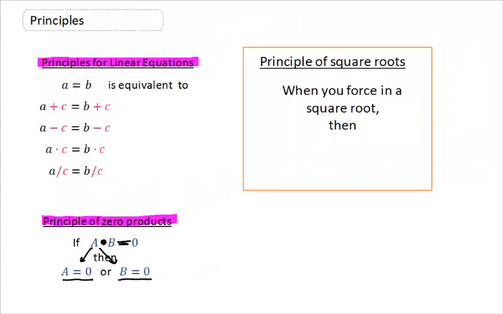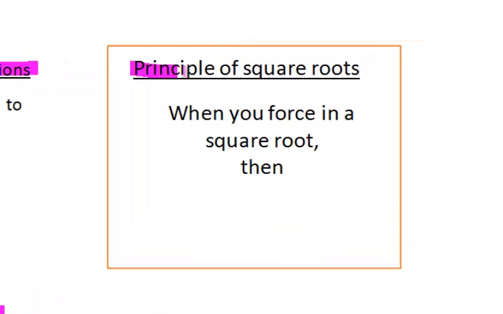Now, to solve it using the square root method, we have to use the principle of square roots. It says, when you force in a square root, then you must also force in a plus and a minus. You must also force in both a positive and a negative.